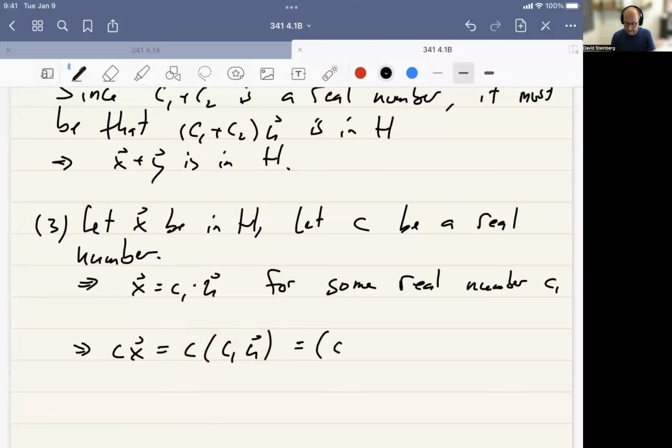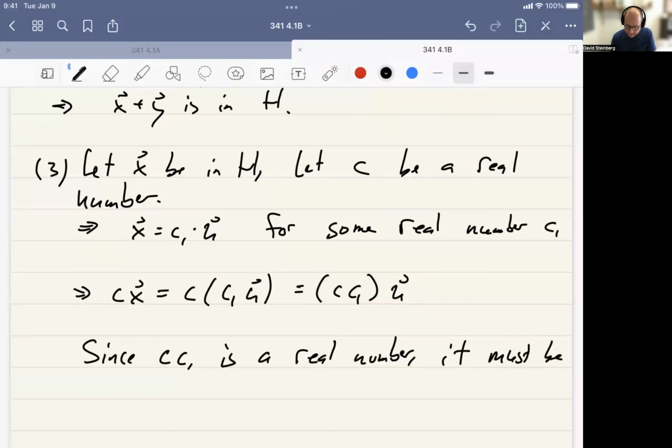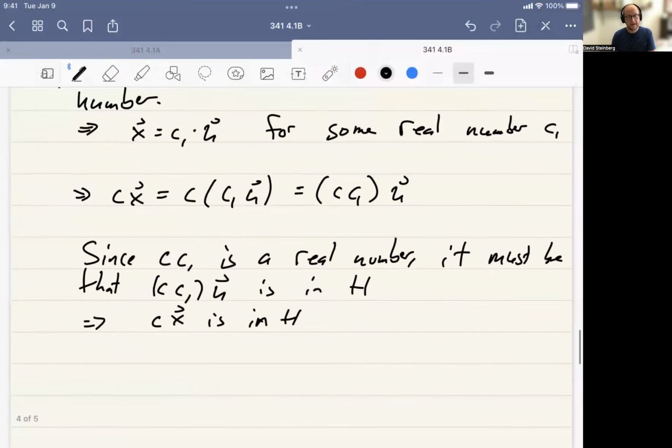So this is the same as C times C1 times U. And since this is just the product of two real numbers, which is still a real number, this is just some real number times U. So it must be that C times C1 U is in H, but that just means that Cx is in H as desired.